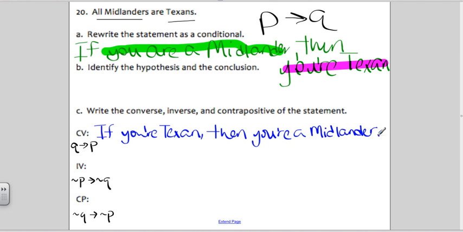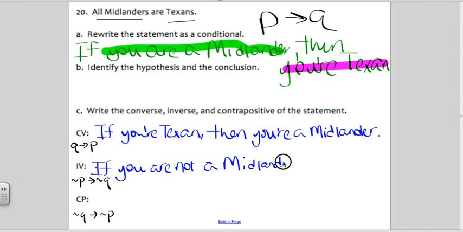Now, inverse is where I am negating my original. So I would say if you are not a Midlander, then you are not Texan.